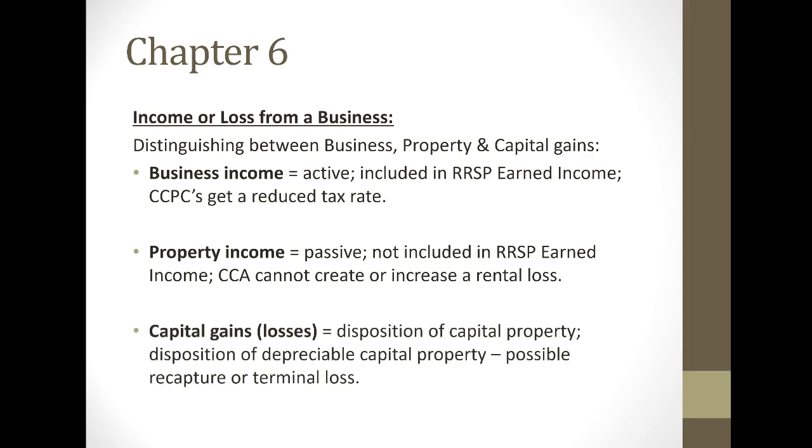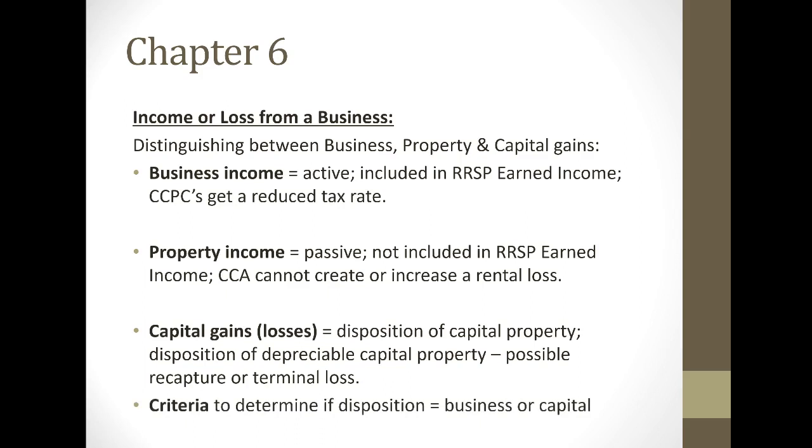Moving on, there's also a third category, capital gains and capital losses. This results from the disposition of capital property, or depreciable property if the proceeds were more than the cost. For capital gains and capital losses, 50% is taxable.